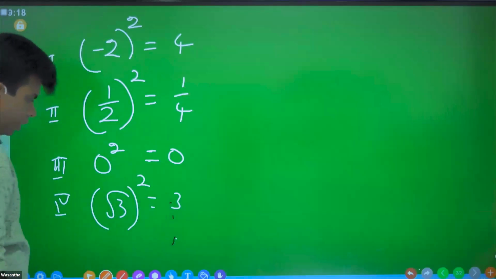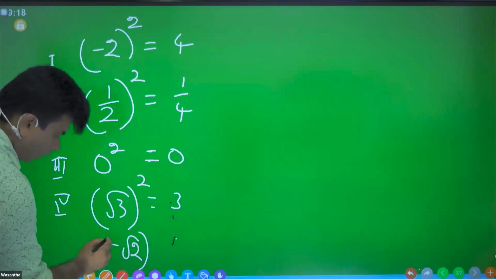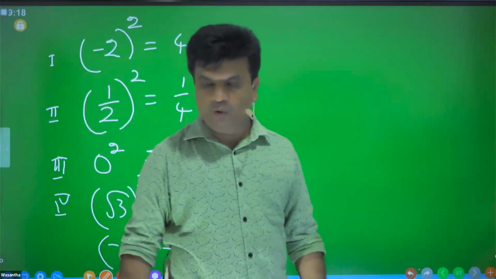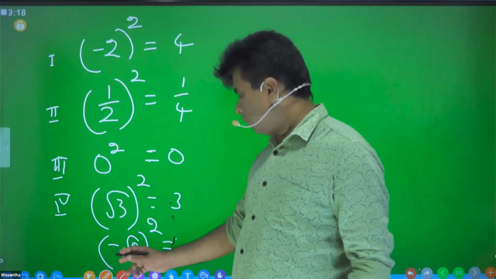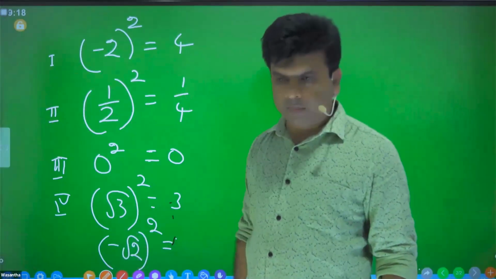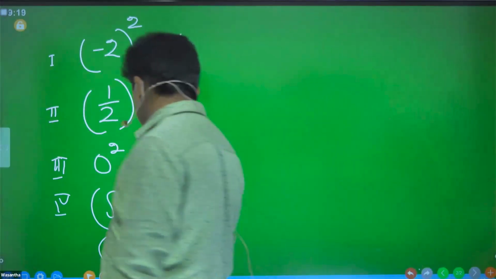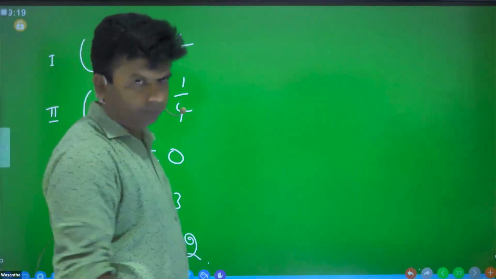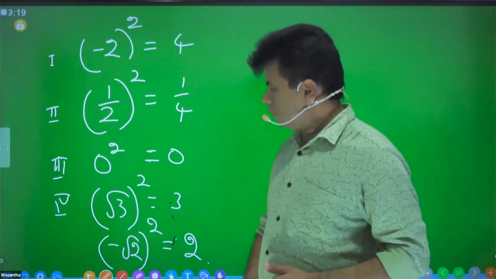And what is minus root 2 squared? Minus root 2 squared means minus squared times root 2 squared. Minus squared is plus, root 2 squared is 2, so that also is positive.